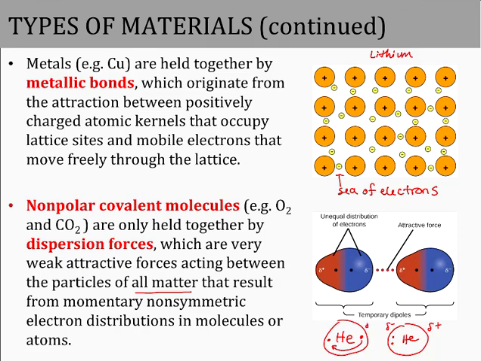So we'll end up with a partial positive and partial negative charge on the second helium atom as well. And again, this is a very temporary force that exists between atoms or molecules. And it does occur in all types of molecules and all types of atoms. But it only happens instantaneously, and it's a very weak force. So again, this is called a dispersion force.